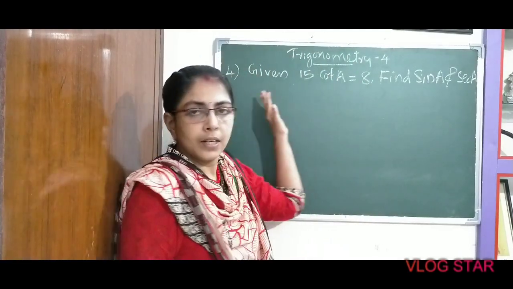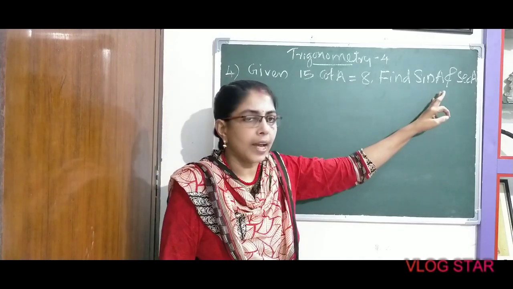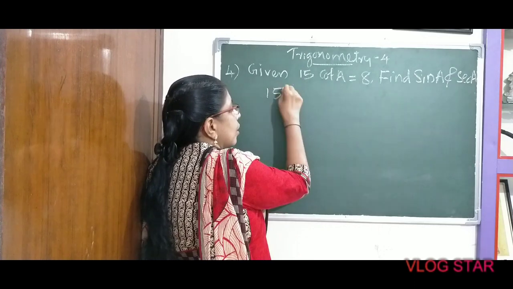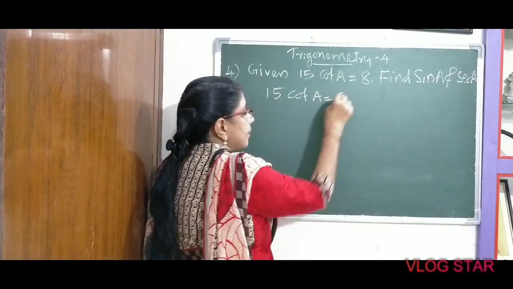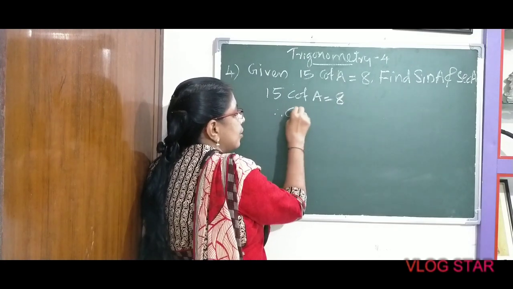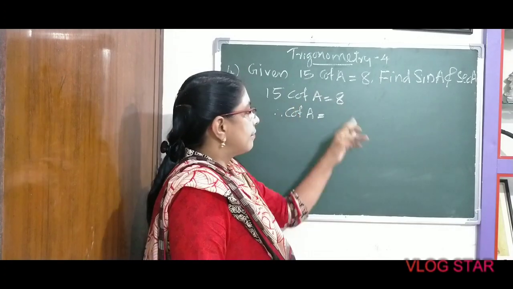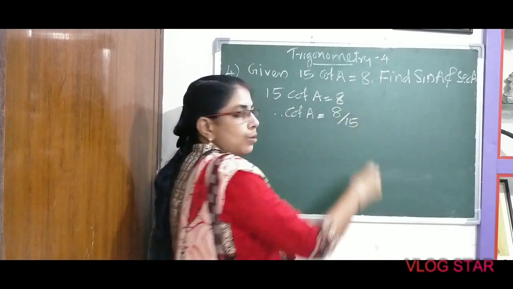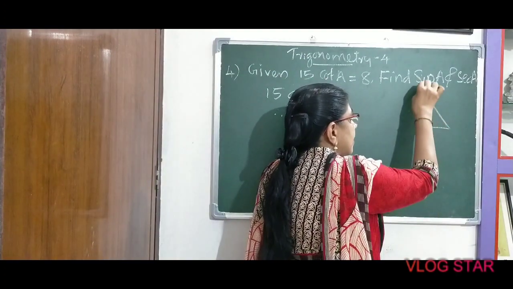Now move on to the next question, question number 4. Given that 15 cot A is equal to 8, find sin A and sec A. That is, 15 cot A is equal to 8. Therefore, cot A is equal to 8 upon 15. Now draw a right triangle ABC.